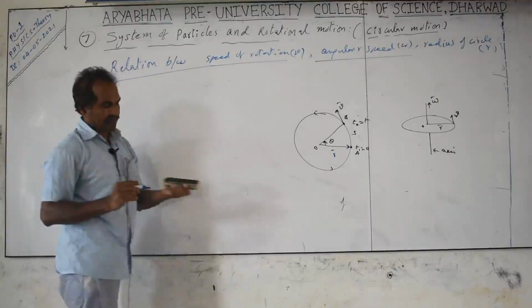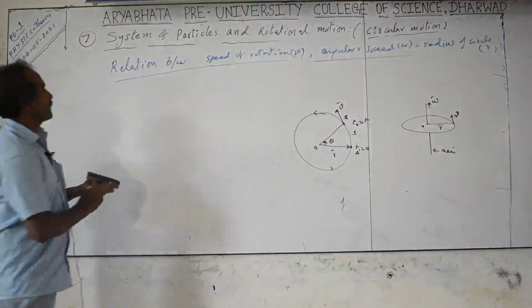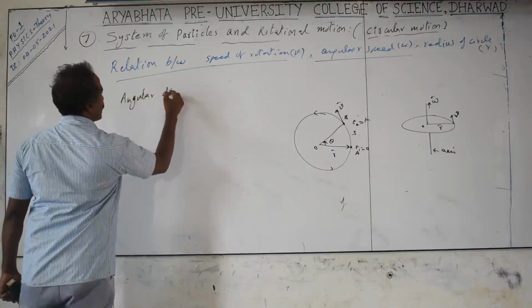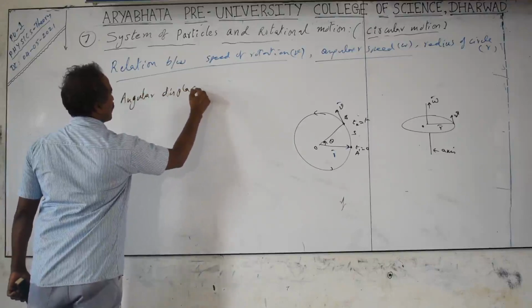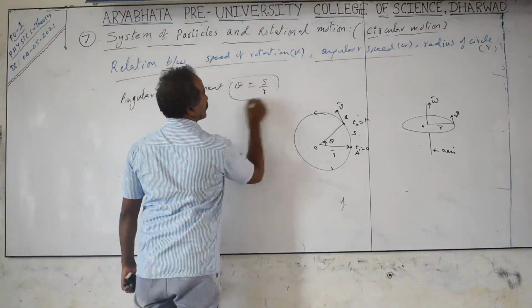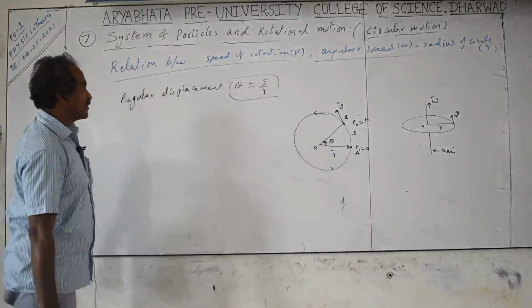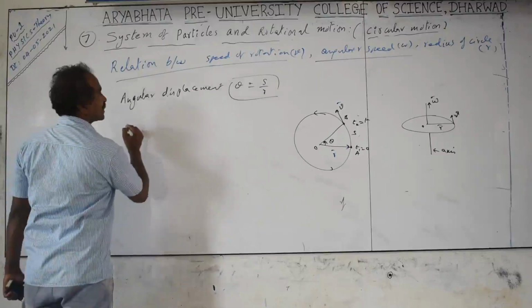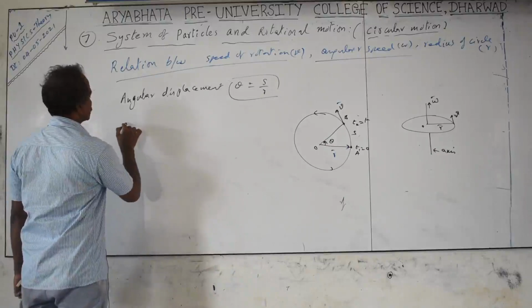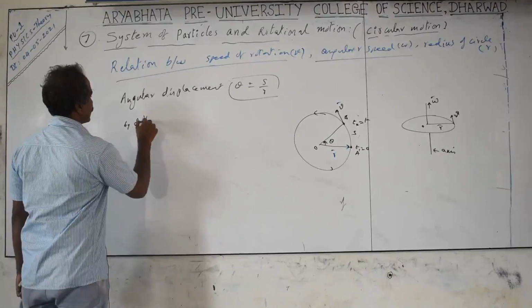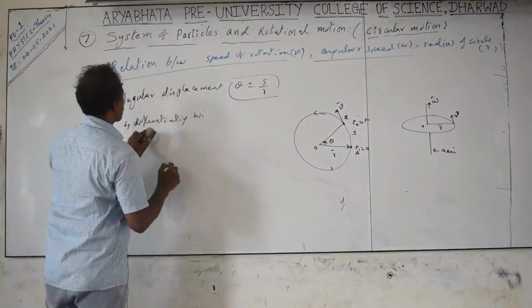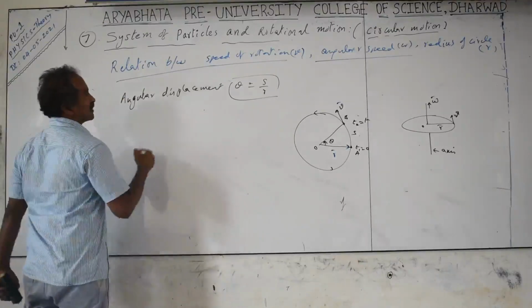So I will use the black pen. Theta equal to S by r. Dividing with time, or differentiating with time, or divide with t.